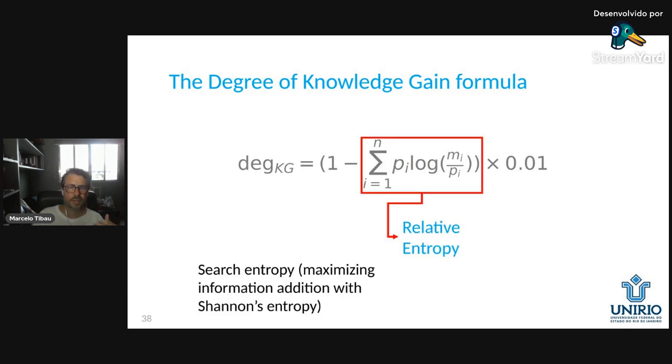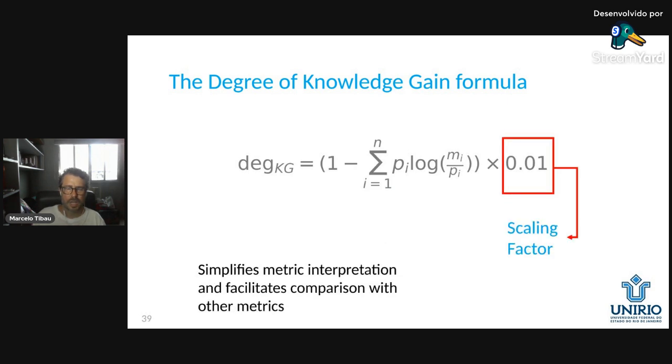This is the relative entropy. It is here to represent the search entropy, and it is based on Shannon's entropy. And finally, a 0.01 scaling factor to simplify the metric interpretation and facilitate comparison with other metrics.